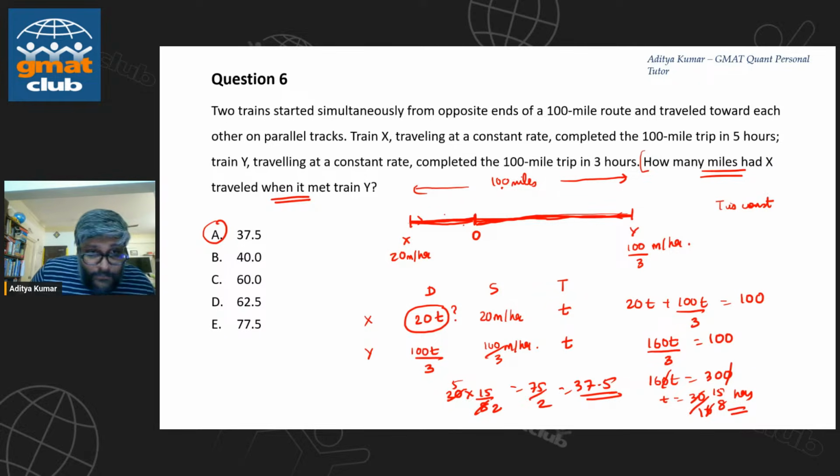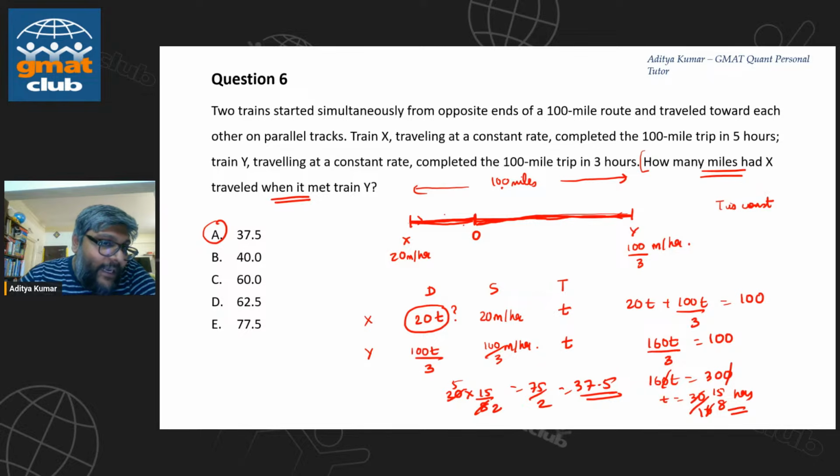Got it? Guys, if you ask me, can we try out eliminating the answer choices? Of course you can, right? But what if the question asks you what is the sum of the distances of X and Y, or they ask you what is the total time taken? Then you're not going to be able to use your answer choices. What you're telling me here, that you want to use your answer choices as a first mode of attack, is an alternative process that will only work for a handful of questions. That will depend on what the question is asking you.